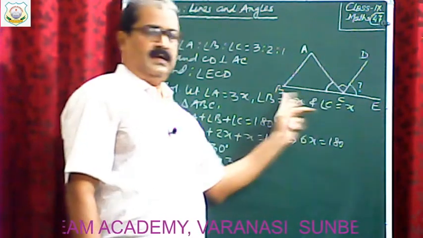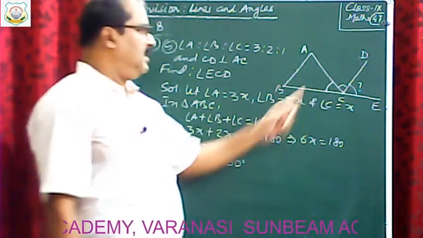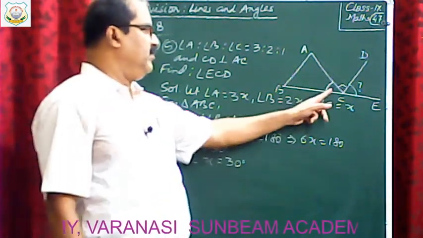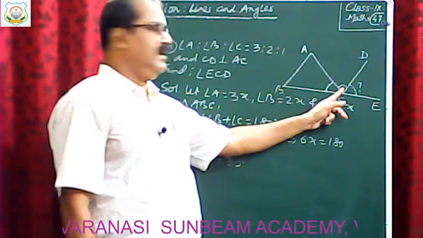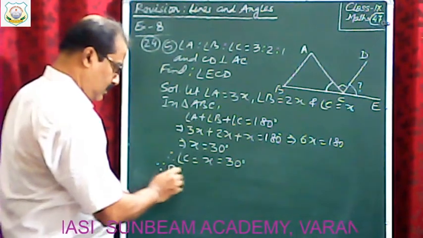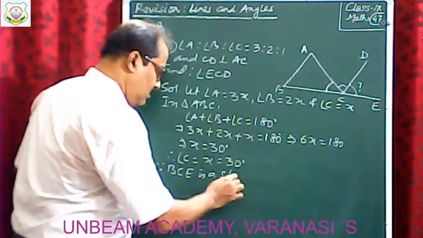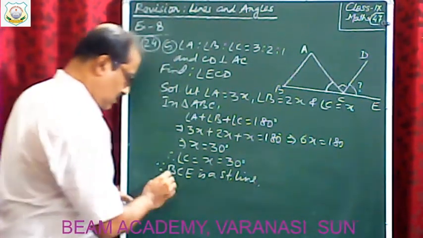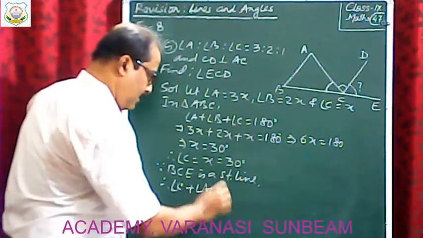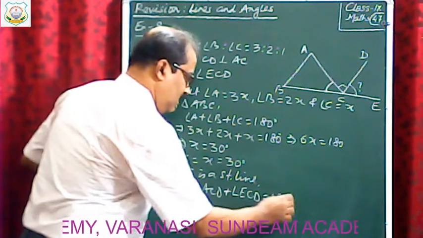So BE is a line, and there are three angles on the same side of the line from a given point C. Then the sum of all three angles equal to 180 degrees. Straight line property. At C we get angle ACD is 90 degrees given, and the third angle we have to find out. Since BCE is a straight line, therefore angle C plus angle ACD plus angle ECD equal to 180 degrees.